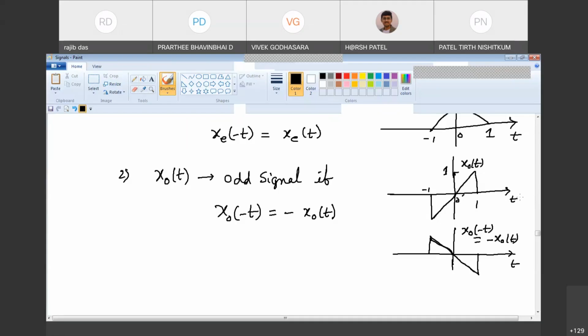Okay. And one thing it should be sure that for any odd signal, x_o(t) at t equal to 0, it should be what? Anybody can tell me?